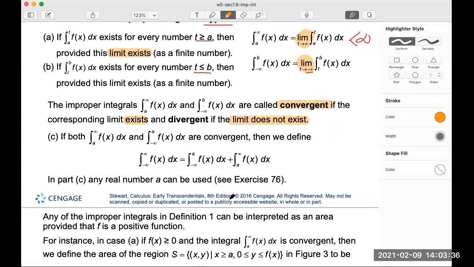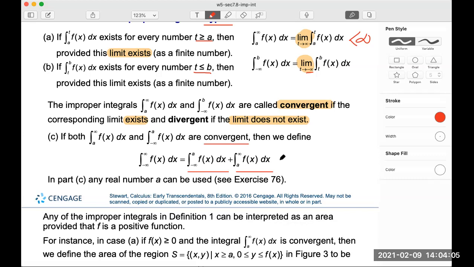So if the integral from a to infinity and the integral from negative infinity to a are convergent, then we can write the integral from negative infinity to infinity as a sum of these two parts. This is a property of integrals, right?